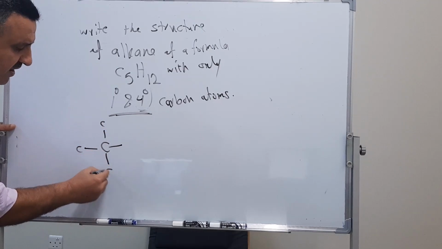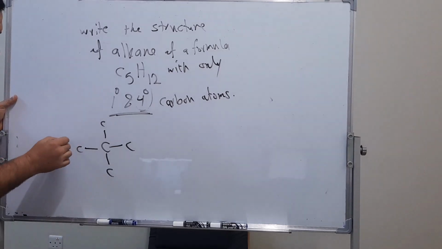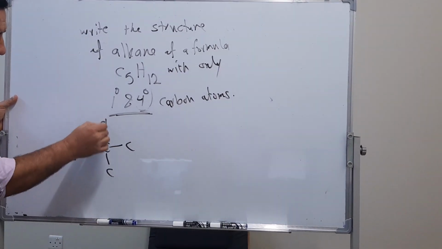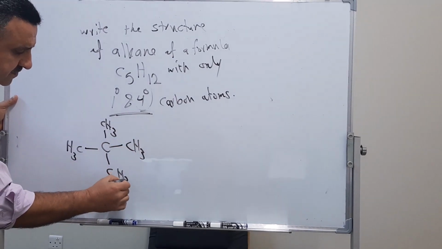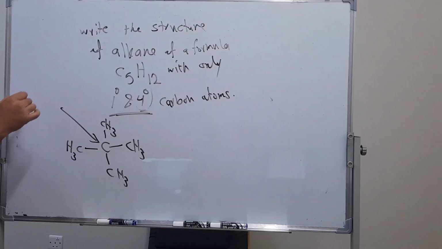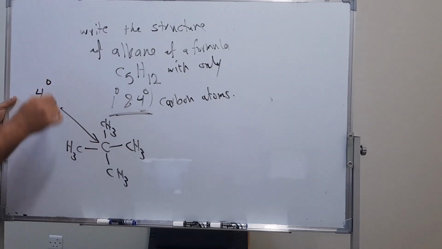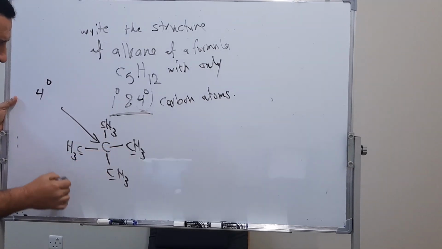So I will have at least this situation. Do you follow me? The rest here, I just fill with hydrogen, CH3, CH3, CH3. So in this structural formula, I will have this carbon to be quaternary and all of these carbons to be primary.